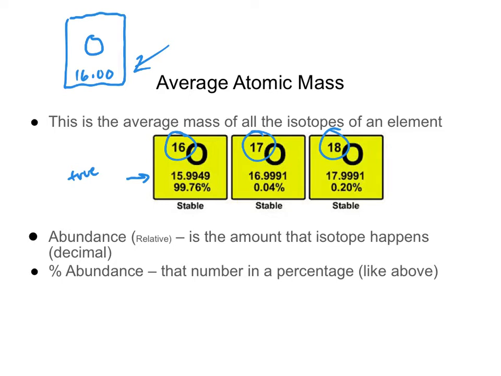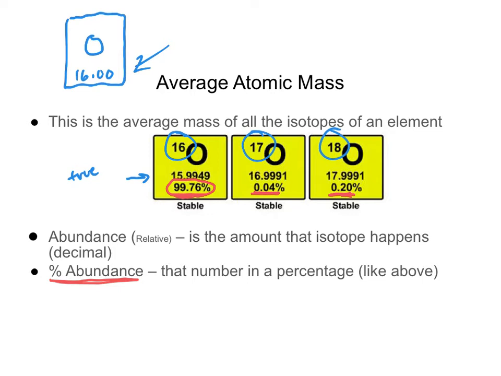Now, what I want you to look at is what I'm underlining right now. Percents. What is this percent? That is the percent abundance. It is the amount that isotope happens, in percent. So if you look at it, oxygen 16 happens 99.76% of the time.